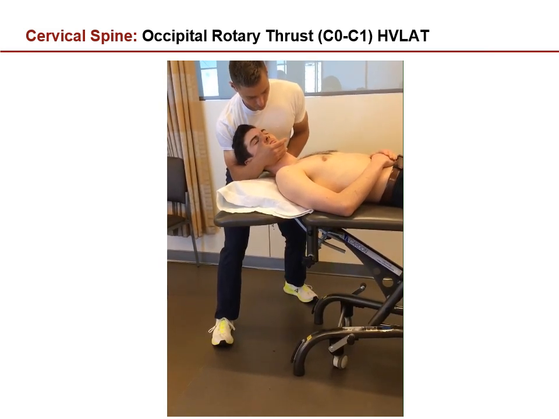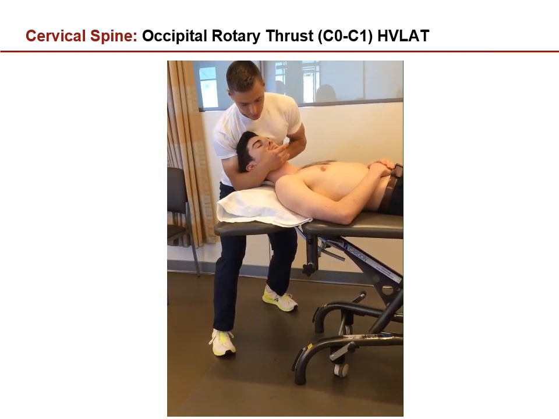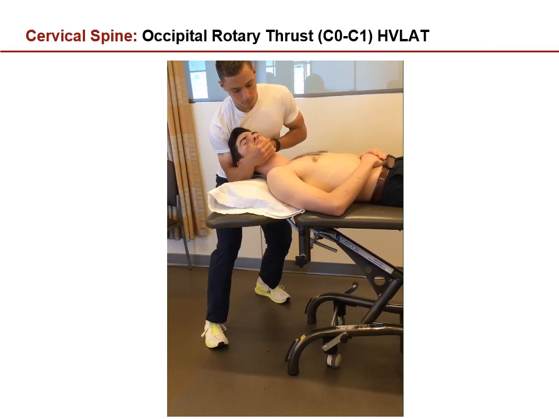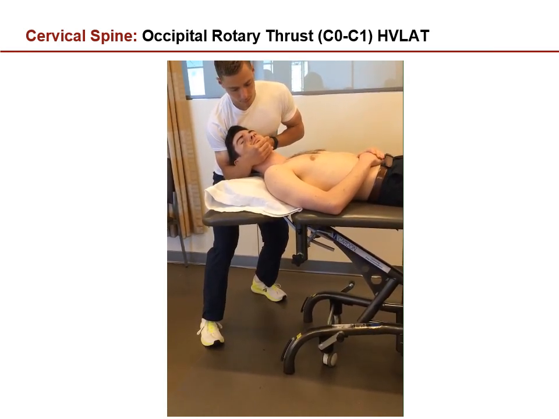Notice the angle of the position of the feet of the operator. Primary lever is going to be rotation. Side bending introduced. Then there's going to be a PA shift and slight extension.